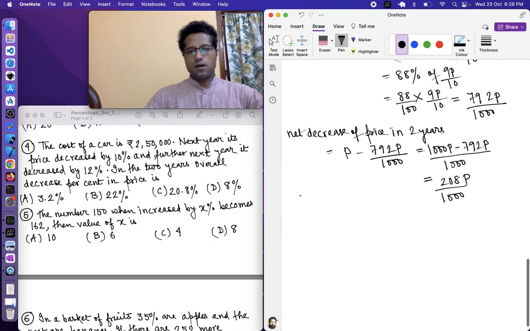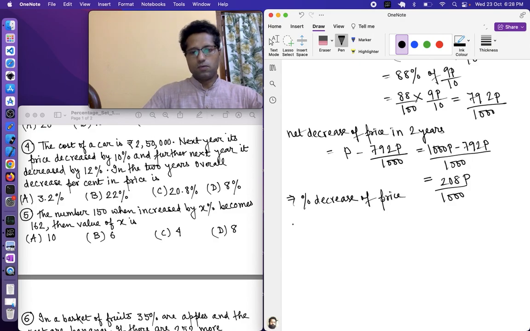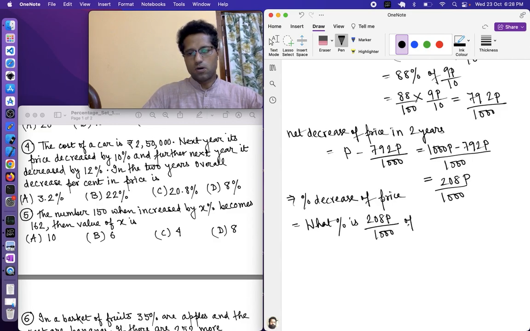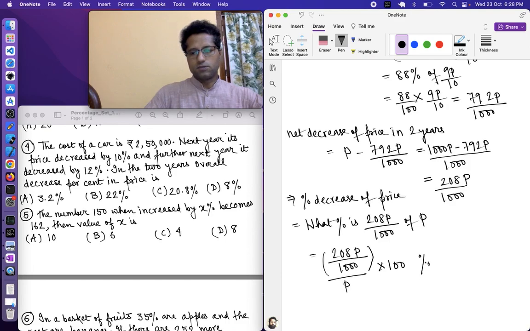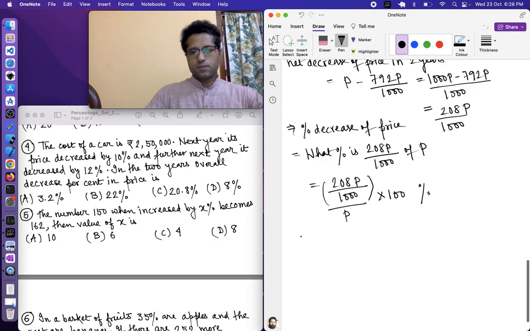So the percentage decrease of price will be equal to the question: what percent is 208P by 1000 of P. This is equal to 208P by 1000 divided by P multiplied by 100 percent.